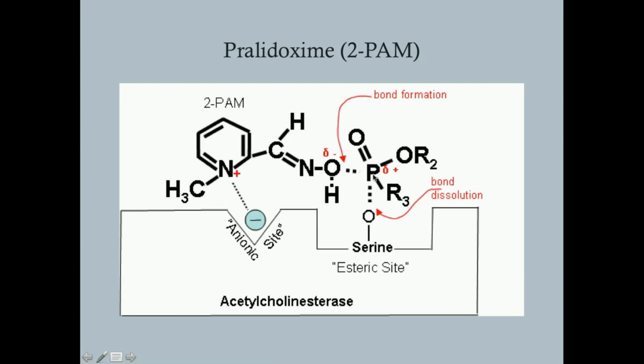And so it breaks that phosphorus-oxygen bond that was holding the organophosphate on acetylcholinesterase. Essentially, you're forming a bond between pralidoxime and the organophosphate and breaking a bond between the organophosphate and the acetylcholinesterase, and then you pull that organophosphate off and you've now regenerated an active acetylcholinesterase. And this is really good. The only problem is it doesn't help you for non-organophosphate cholinergic toxicity. And so for that, you're going to need to use something else, namely atropine.